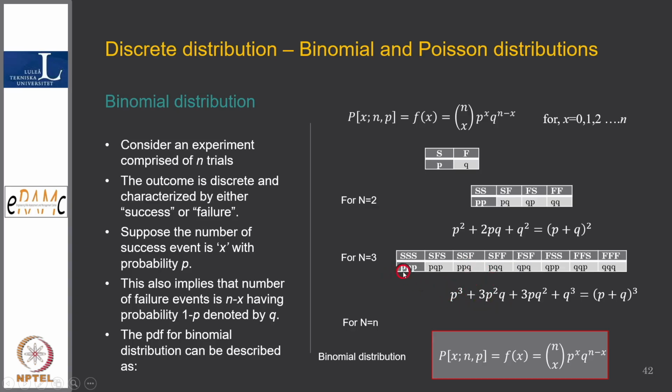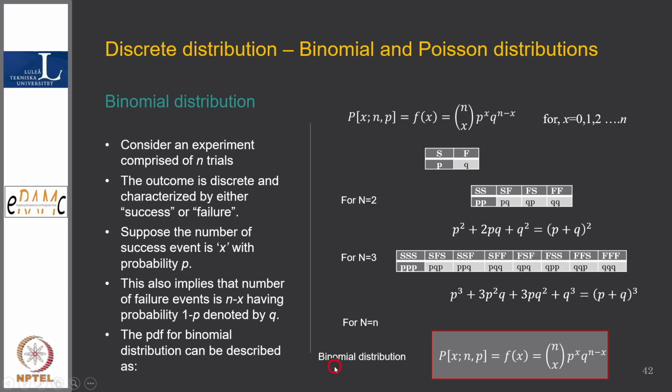So we get P cube, and then Q cube, and in between the terms 3P square Q and 3PQ square. This is P cube plus 3P square Q plus 3PQ square plus Q cube, which is nothing but (P plus Q) raised to power 3. Okay. So what conclusion we draw from here is like this.